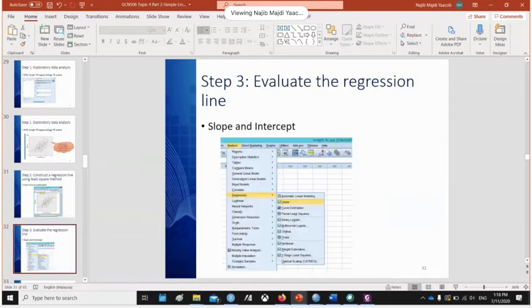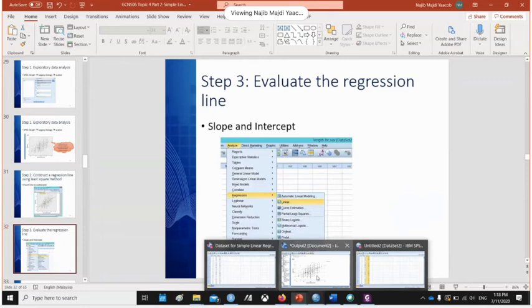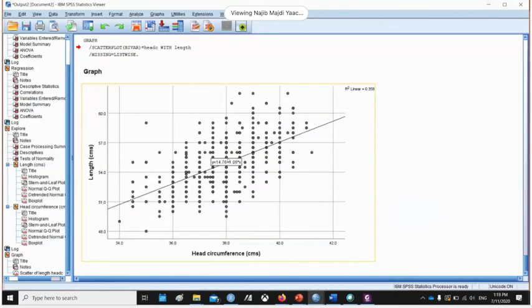Next is to evaluate the regression line, both the intercept and the slope. Here we only have the intercept and the slope, so it is important to assess whether this slope is significant or not.